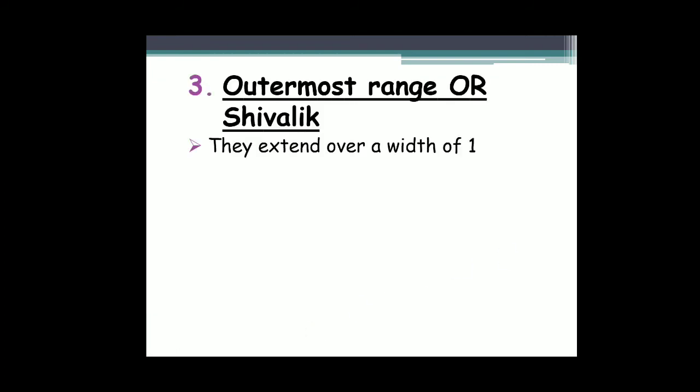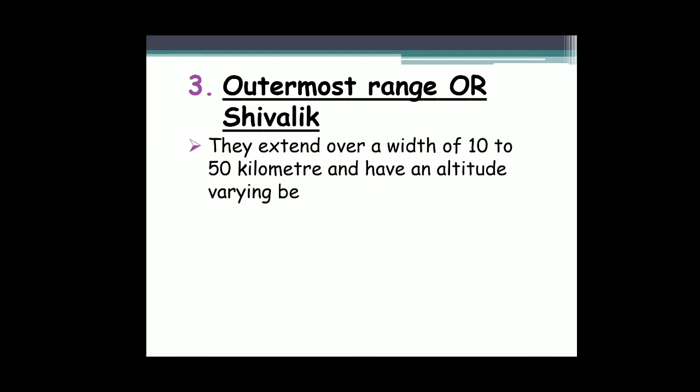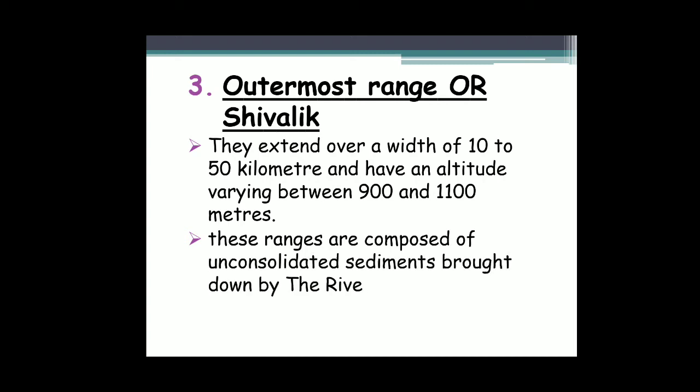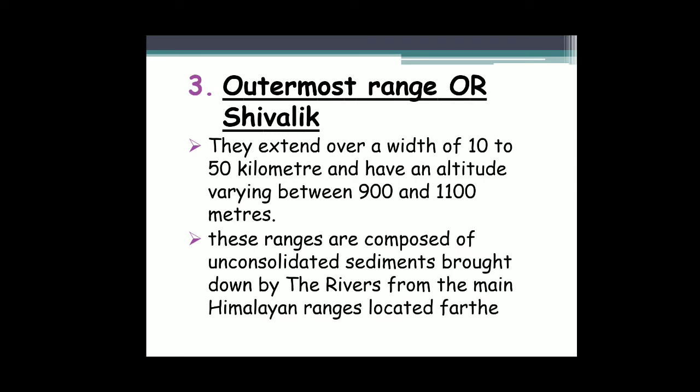They extend over a width of 10 to 50 km and have an altitude varying between 900 to 1100 meters. These ranges are composed of unconsolidated sediments brought down by the rivers from the main Himalayan ranges located further north.